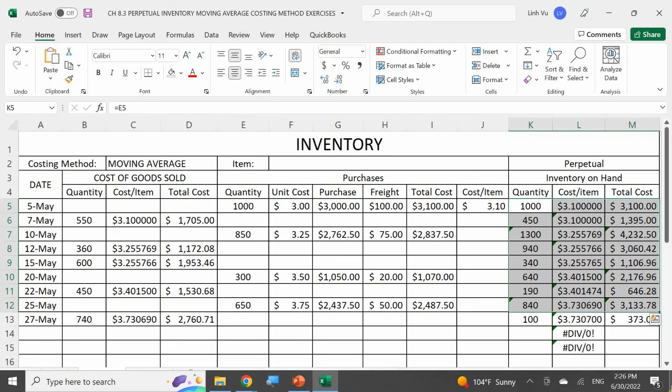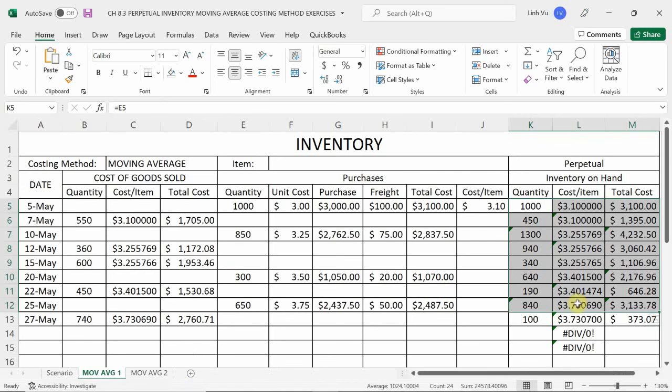In this case, we're slowly increasing, no matter how our inventory is fluctuating. But this is cool because you get to keep a track record of what is going on in your inventory on hand. Okay, I'm going to hide that again.